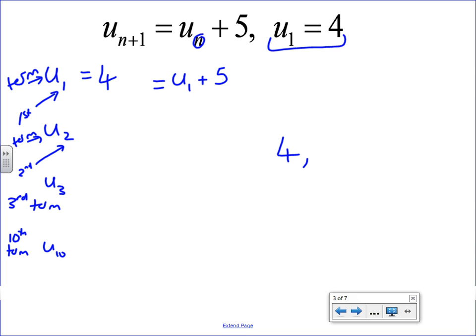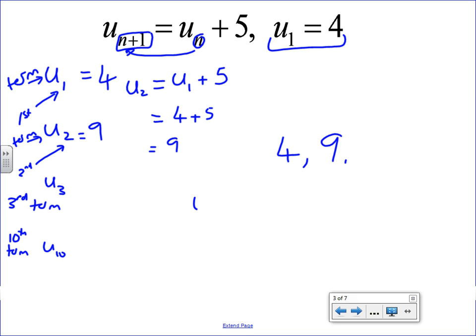Well, I know u1 is 4, so 4 add 5 is 9. What have I found? I put n is 1 there, so I need to put n is 1 here as well. 1 add 1 is 2. I found u2, the second term. The second term is 9.